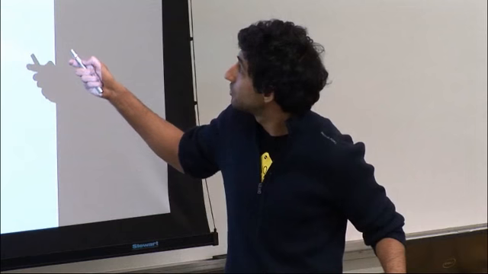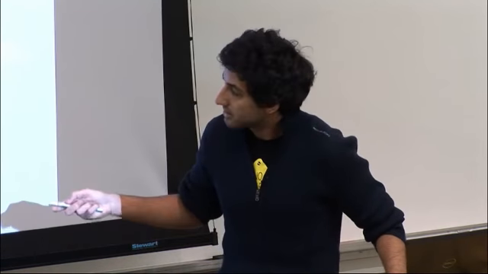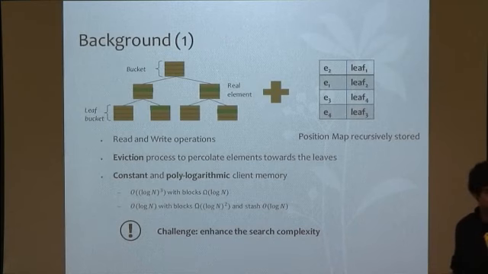So we have 2 leaves, 4 leaves, etc. And at the end, we will access the associated leaf. So basically, there is a logarithmic number of accesses to the Oblivious RAM. And this also makes the ORAM need a lot of communication complexity as well.